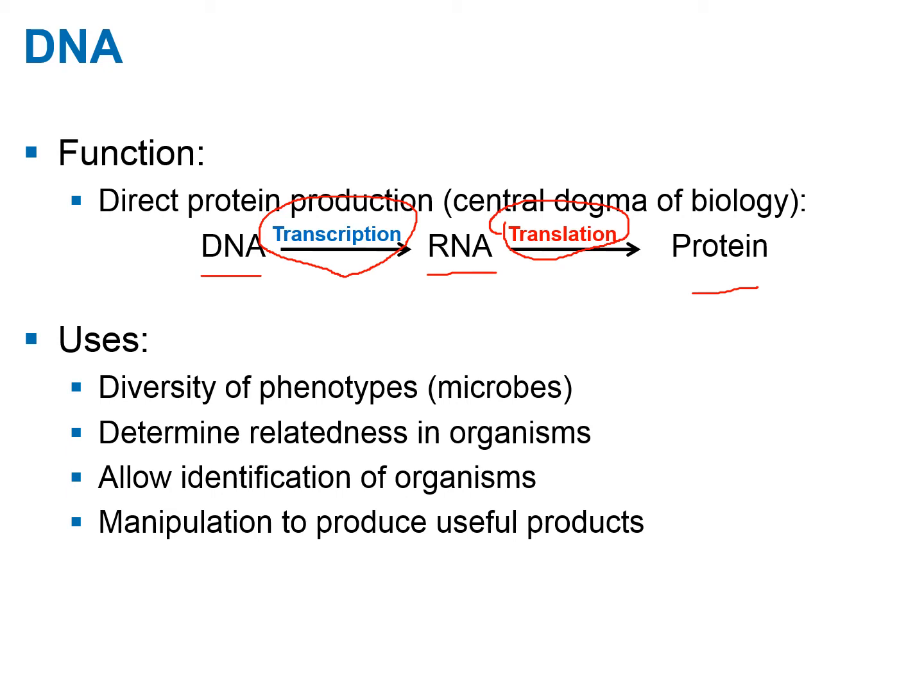Because DNA is so important to making an organism what it is, we can use genes in known organisms to identify unknown organisms. So let's say you have a patient that comes in with a bacterial infection, and you suspect that it's Salmonella typhimurium.